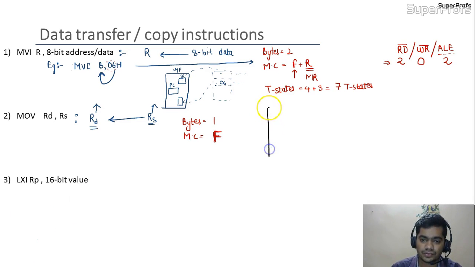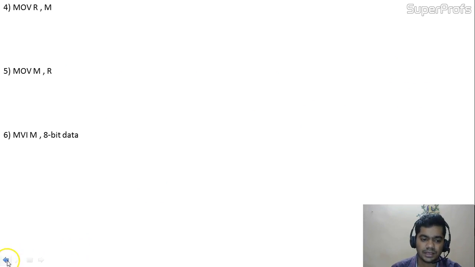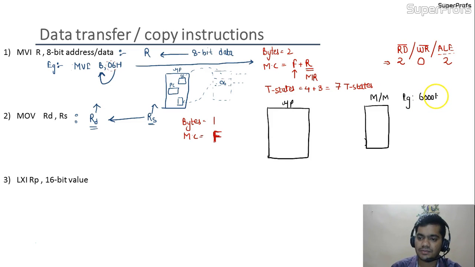We are going to take the help of this structure again. It is a very important structure to understand and to solve the problems also. Suppose we are taking an example at the 6000H memory address.